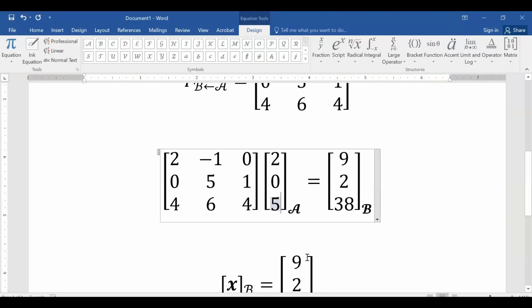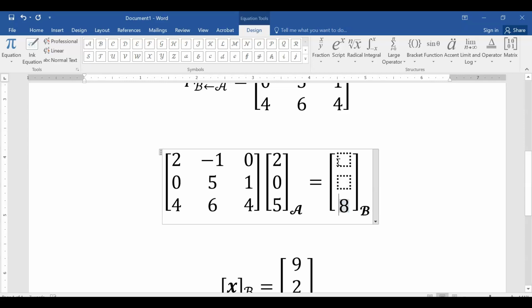By the way, we're going to multiply that and get something written with respect to basis B. If you want to, all you really need to do is multiply this in your calculator. So we plug in this matrix into our calculator as some matrix. Doesn't matter what we call it. This 2, 0, 5 we'll put in as a different matrix, and then we'll multiply those two.